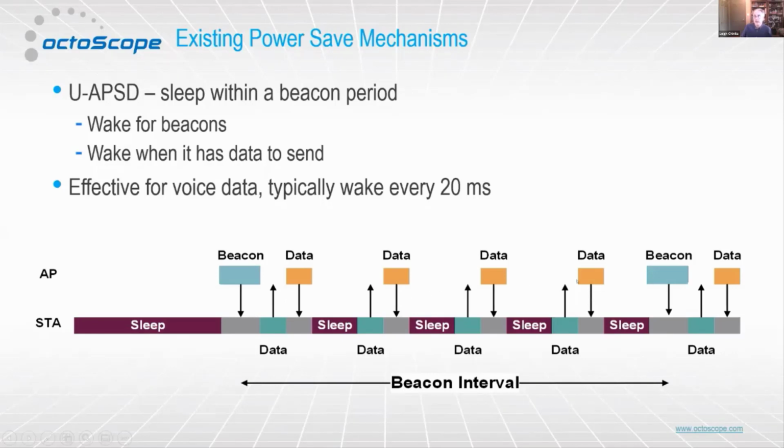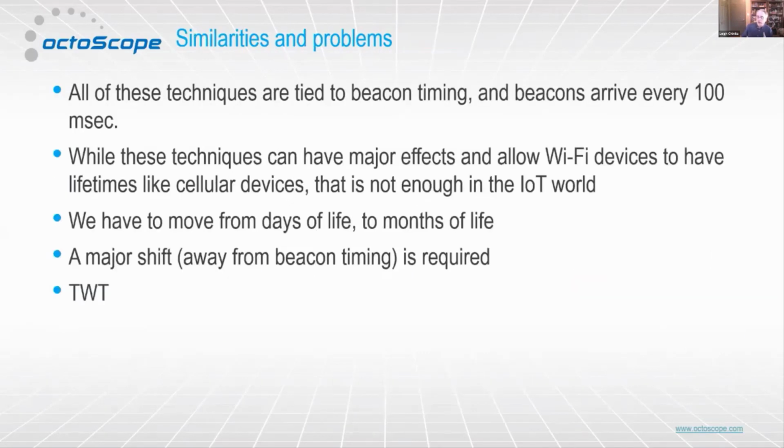So you could do that several times, even within a beacon. So now you're cramming yet more sleep time within a beacon period, all of which is great, but again, it's all tied to beacons. And those beacons are arriving many times every second.